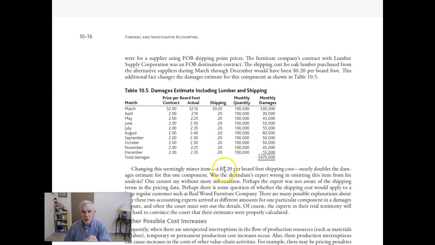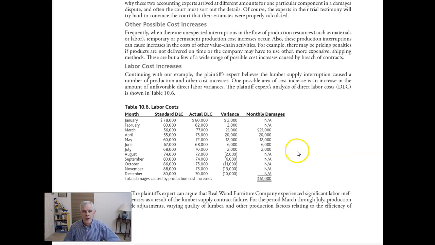This is where the forensic accountant in this litigation support area needs to be very, very detailed. Other costs in here. Now, they're looking at direct labor. Maybe because of the confusion with trying to find a new supplier, maybe the new wood purchased wasn't the same quality as the other wood under the contract. It might cause the workers to waste time just trying to use the wood and make the product.